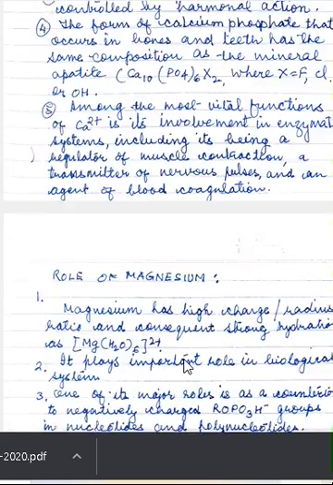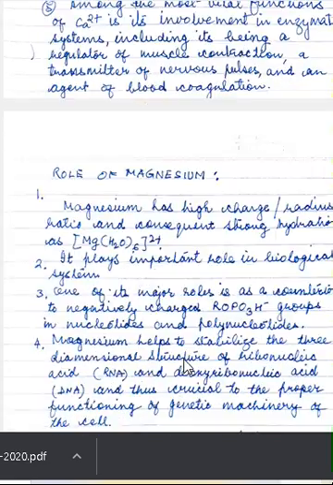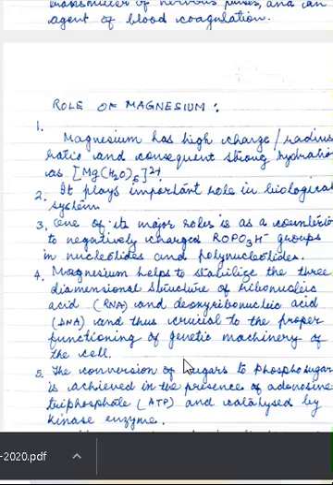Now, the role of magnesium. Magnesium has a high charge-to-radius ratio and consequent strong hydration as hexaaquamagnesium(2+). It plays an important role in biological systems.